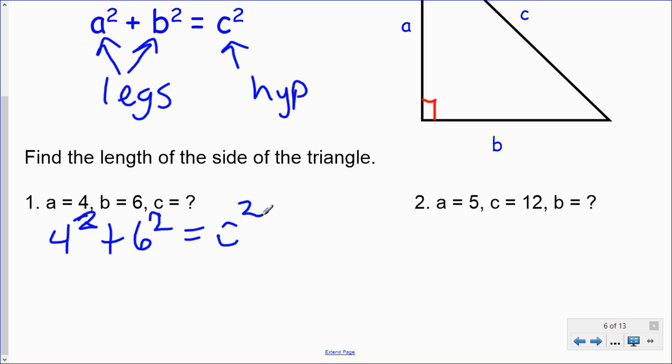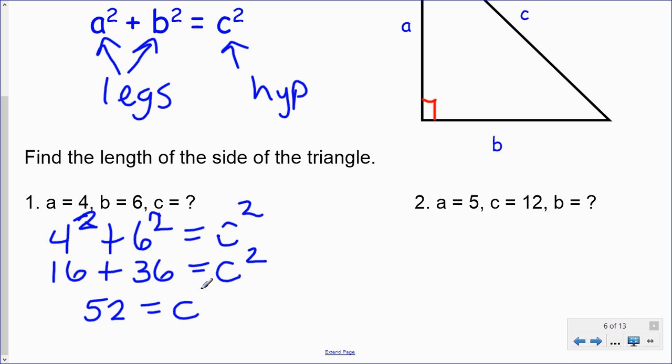So 4 squared is 16. 6 squared is 36. And that equals c squared. Okay, and then we will add. So if we add 16 plus 36, we get 52 equals c squared.